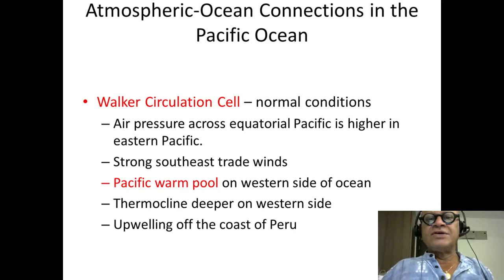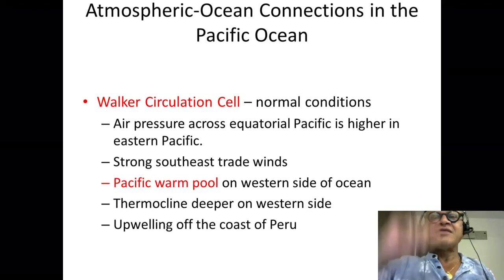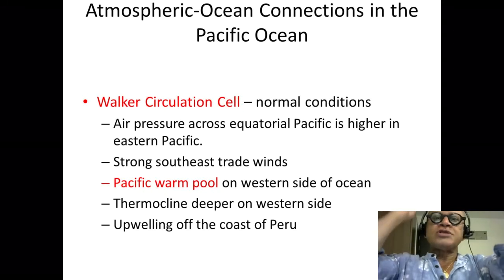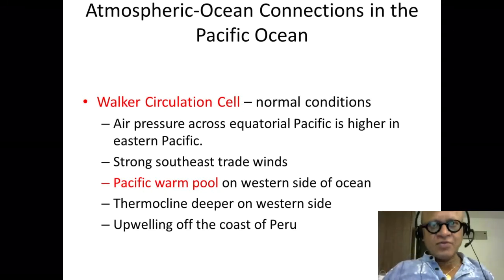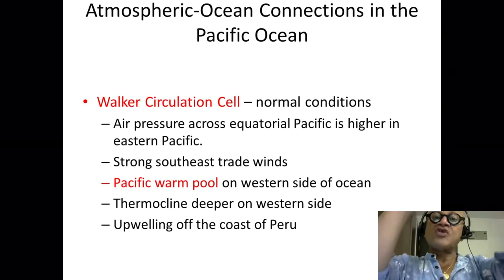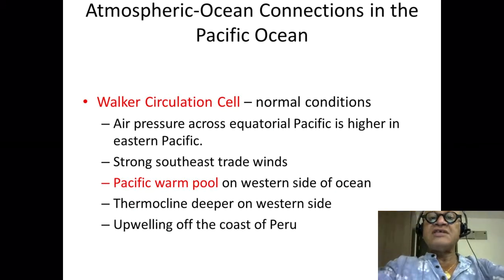Okay? And we had said the air that rises hits the ceiling, the tropopause, and goes towards the poles. Well, we didn't tell the whole truth and nothing but the truth. Now we have to tell the other part of the truth, that the rising air indeed hits the ceiling and goes north-south, gives us the Hadley cells, but it also goes east-west.